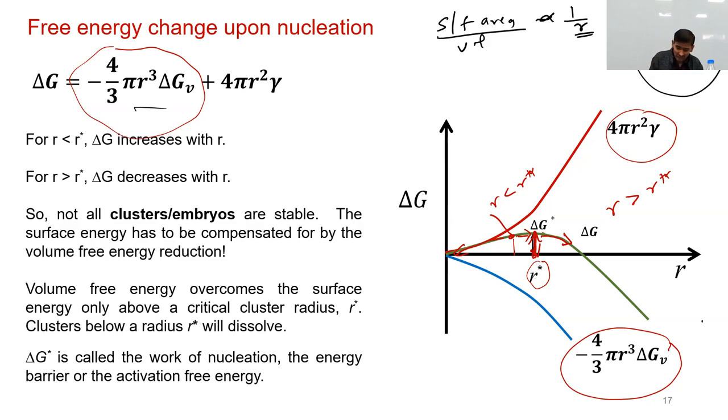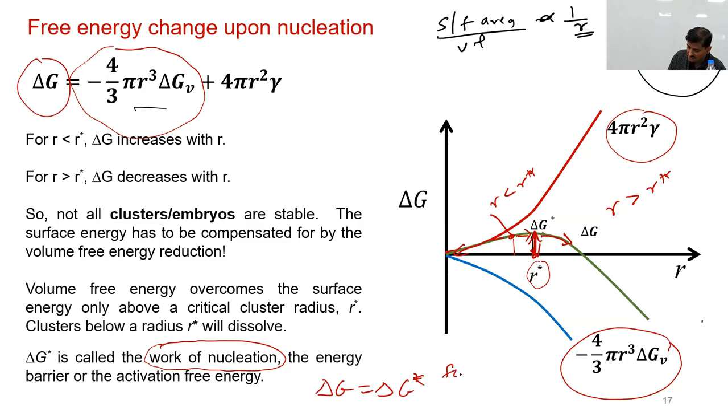That is the work of nucleation, or the energy barrier, or the activation free energy for the formation of a critical size cluster. In simple physical terms, the formation of a cluster must involve a free energy change of at least delta G star. Otherwise, the cluster is not stable. So we need to put in so much work that the free energy change delta G equals delta G star for R equals R star.